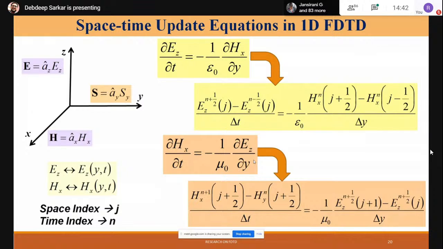The location where we are finding the electric field in space is not where we find the magnetic field. We evaluate the magnetic field at a point that is encircled by the electric field. You can imagine the situation when we go for Faraday's law, where we have the curl of E and del B del t.